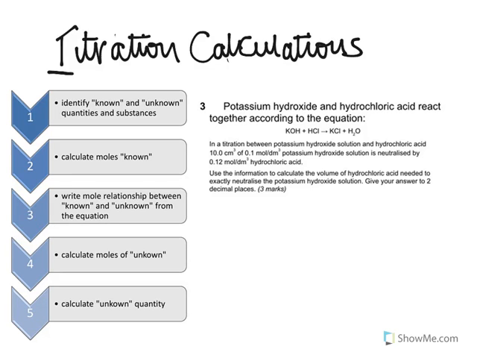So I've been asked for some help with the titration calculations, and here I'm going to use question 3 that you had on your sheet and work through using the calculations map that I gave you in class. So the first step is to identify known and unknown substances in the question.